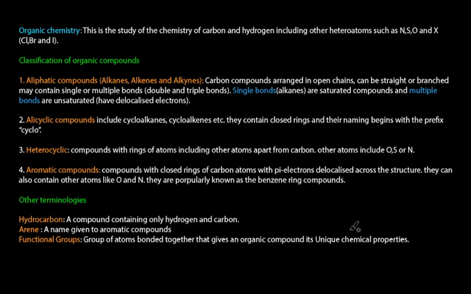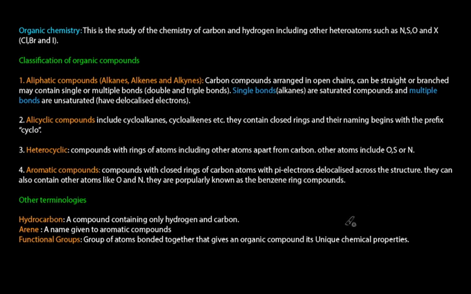Now functional groups. These are groups of atoms bonded together, and these groups of atoms give an organic compound its unique chemical properties. There is that class of carbon that, if it reacts with halogens, it will do this, and once it begins to do that, you know this compound must contain this specific functional group, because it's only that functional group that behaves that way.